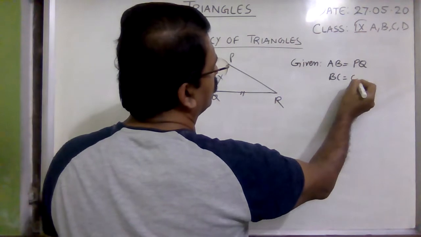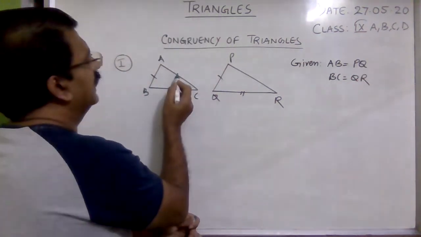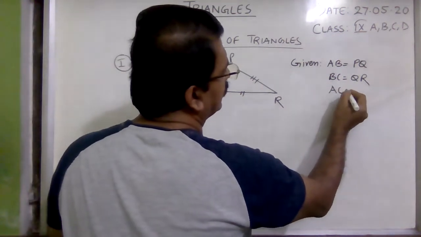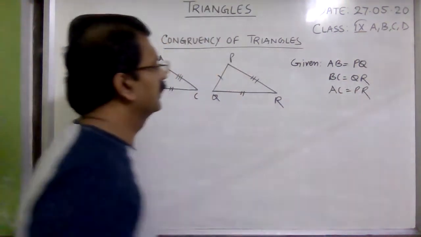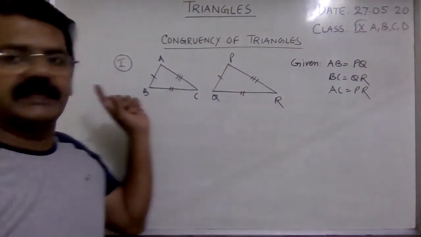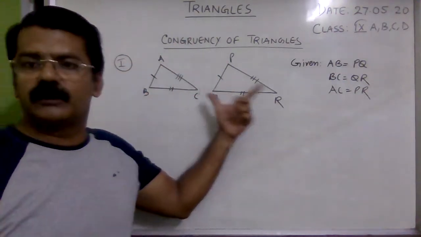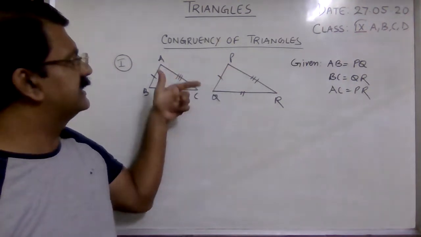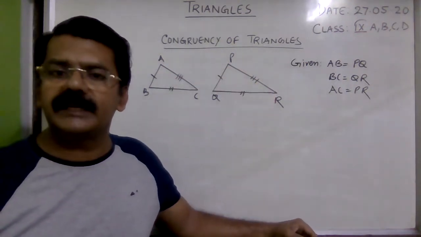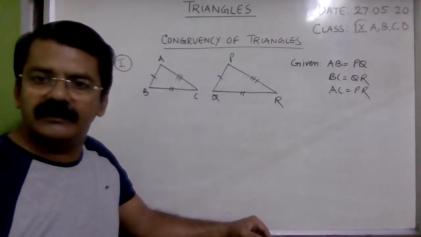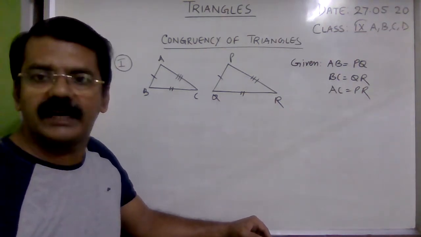BC is equal to QR and AC is equal to PR. So see, in these two triangles, it is given that AB is equal to PQ, BC is equal to QR, and AC is equal to PR. Means all the three corresponding sides are equal. Then we can say that these two triangles are congruent.